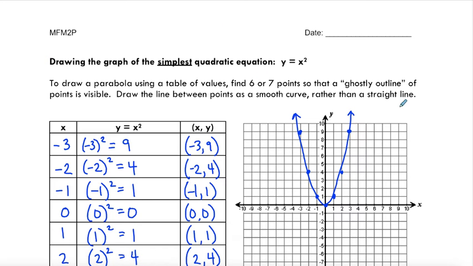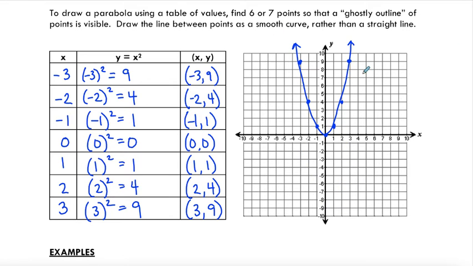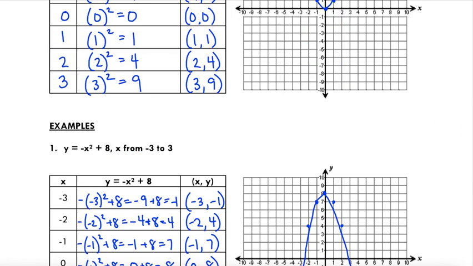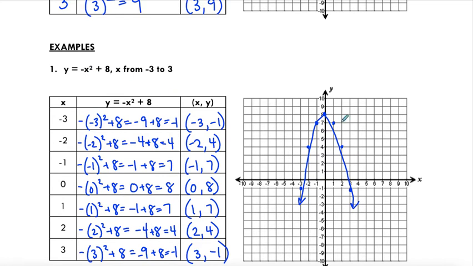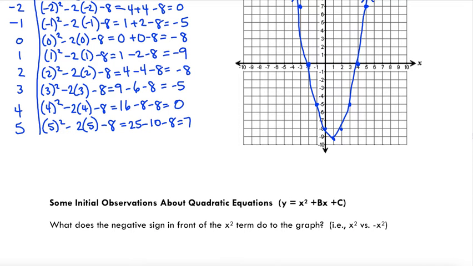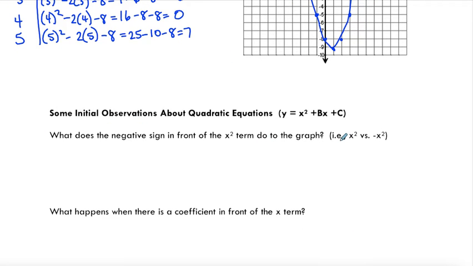Well, if we take a look back, our x squared one, we say that this opens up, so it creates a U shape. But the negative x squared one opened down. So the negative sign causes our parabola to have a reflection about the x-axis, or we can say that it opens up versus opens down.